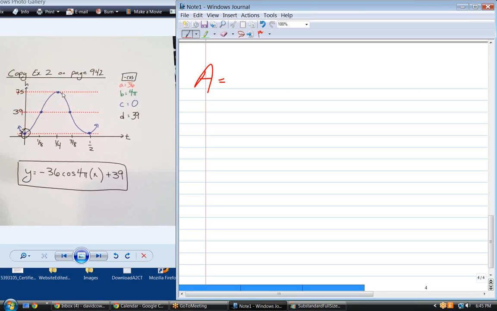Right. So the highest point is 75. The lowest point is 3. 72 divided by 2 is 36. Right. Okay. How do you get D? D you get by, why am I drawing a blank? Highest point plus the lowest point divided by 2. Right, okay.